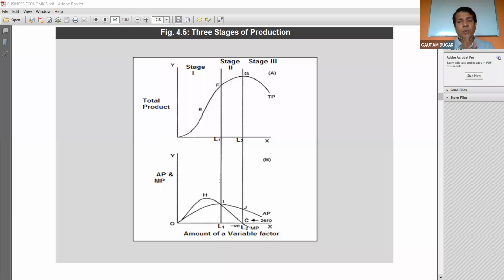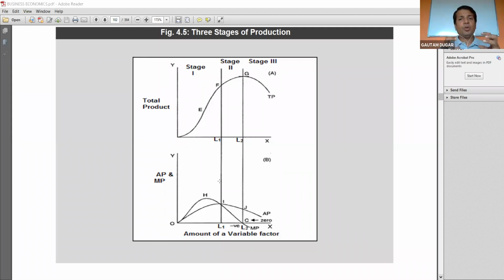This stage will come to an end at the point L2, and that is a point where, look carefully at the diagram, marginal product is 0 and the total product is highest. That is the second stage. The second stage ends over there. And this is the best stage for any operator to produce, to operate. Because here we are getting the maximum returns out of our variable factor.